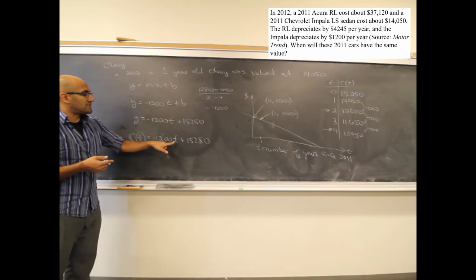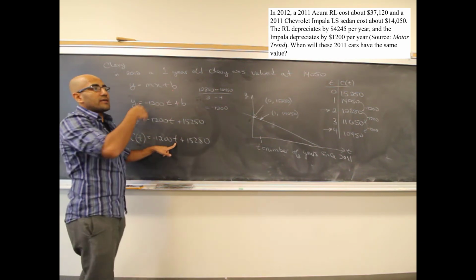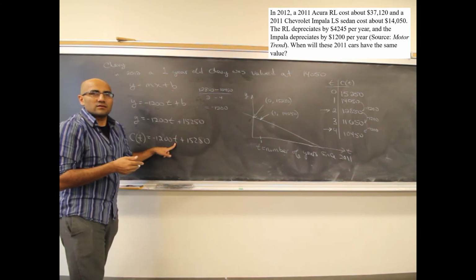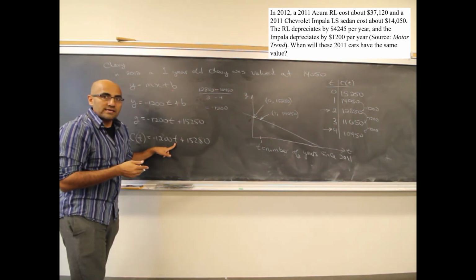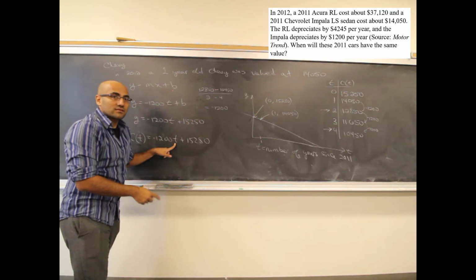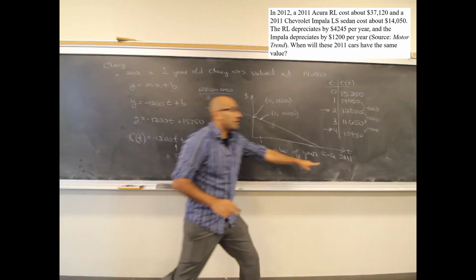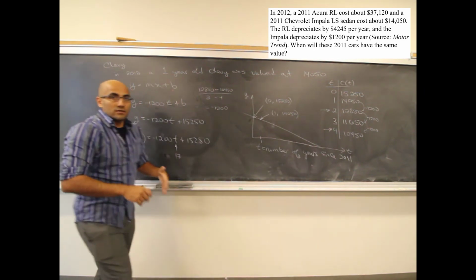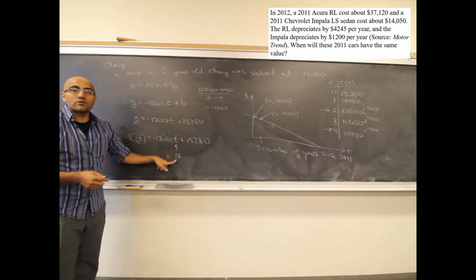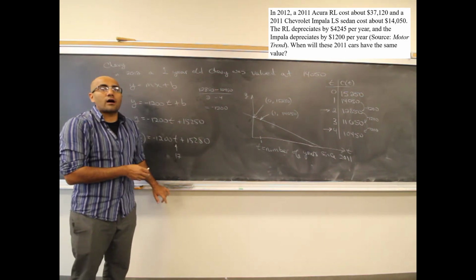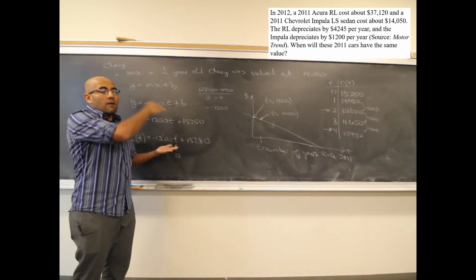So if we input 17, it'll be the year 2028, right? It's the number of years after 2011. So if I input 17 in there, it'll tell me what the value of the car is in 2028, approximately.